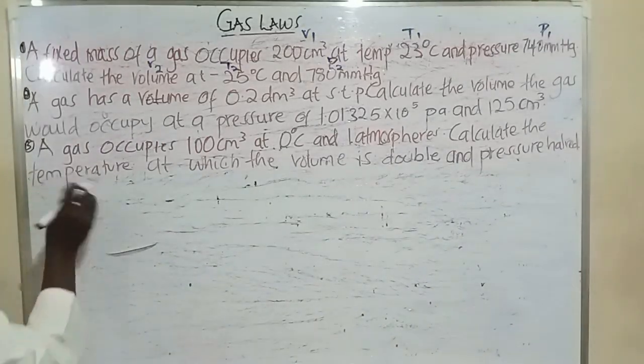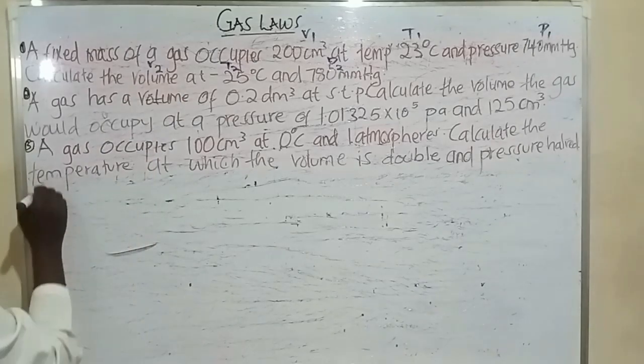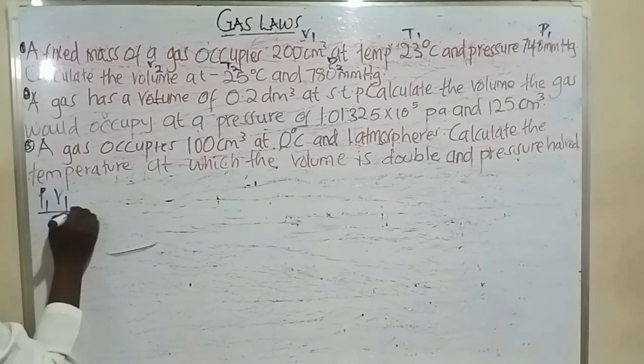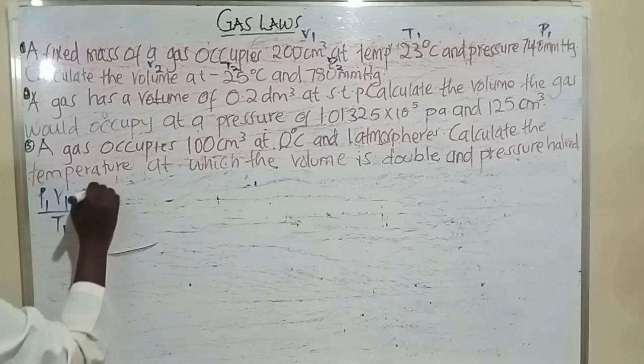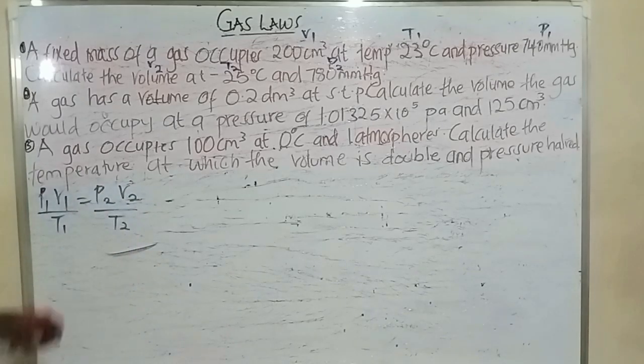So we are asked to work out volume. The formula is P1 V1 over T1 is equal to P2 V2 over T2. Now let us work out the equation.